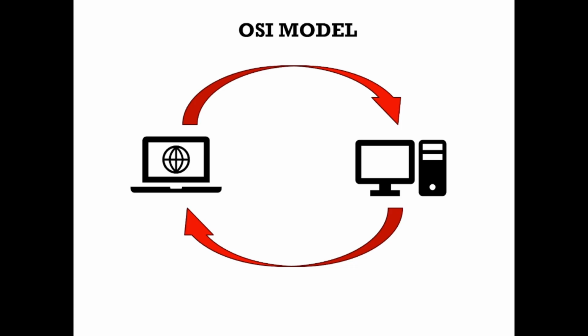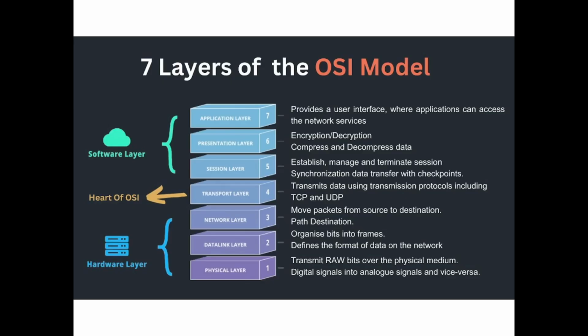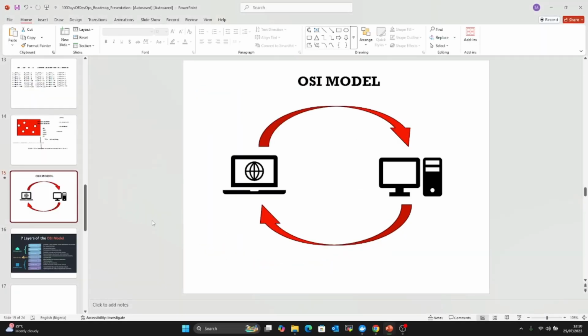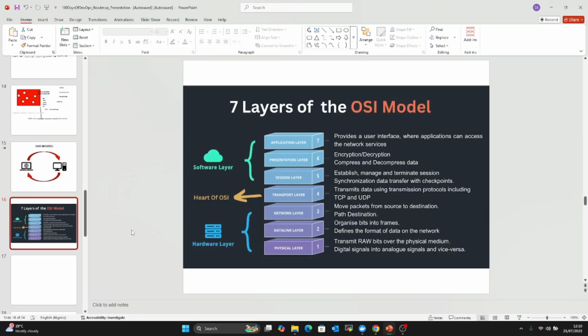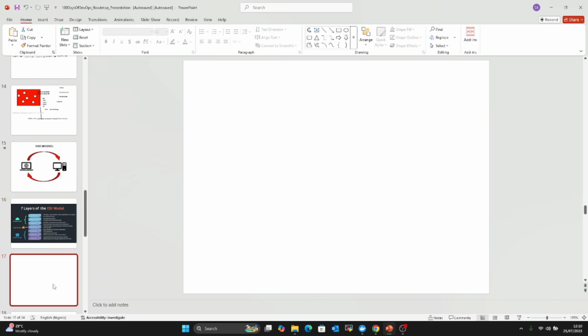So basically this is what we're going to be studying here. These are the layers of the OSI model. But before that, there's something I would want to touch on.